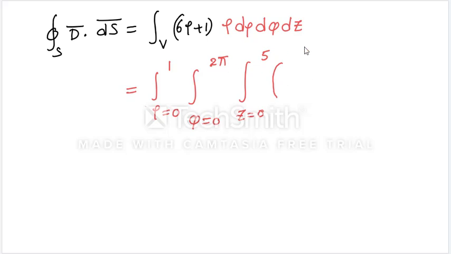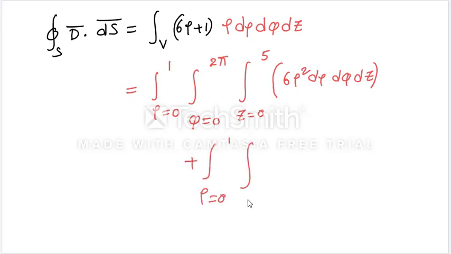and we'll do this integration now. So what we'll get now is 6 rho square d rho d phi dz, with the same limits: rho limits are 0 to 1, phi limits are 0 to 2 pi, and z limits are 0 to 5.